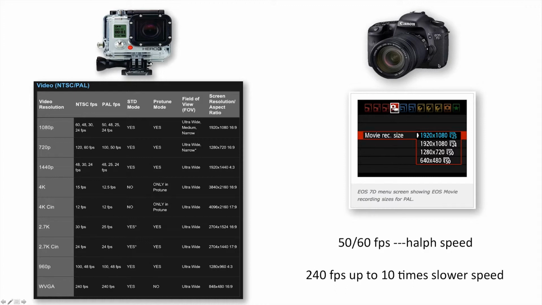If you see on the right hand side here, first you have the 7D, you have the possibility to film in 1280 times 720 in 50 or 60 frames. This is the PAL setup, but if you have an NTSC setup with 60 frames per second, you have the same option. So here on the Hero 3, you have a lot of choices of frames per second.